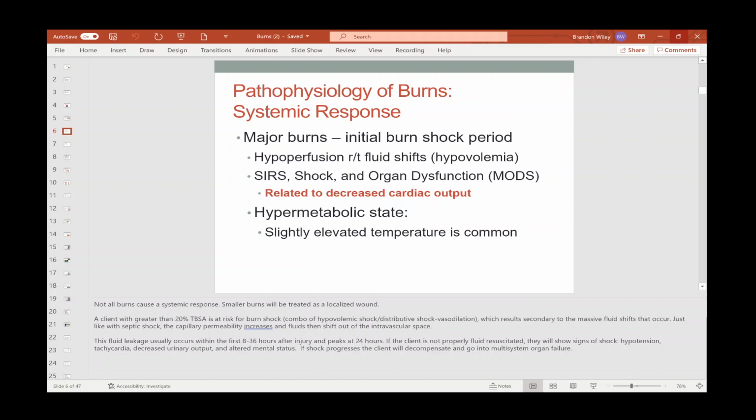You will have a vasodilatation response. So you'll go into a shock, a hypovolemic and a distributive shock with burns. That's the problem, and that actually is what kills our patients initially. So you have a major burn, and basically you go into a shock state.